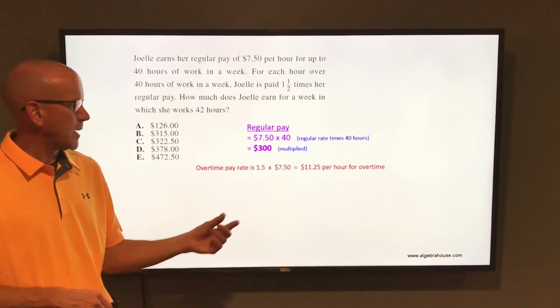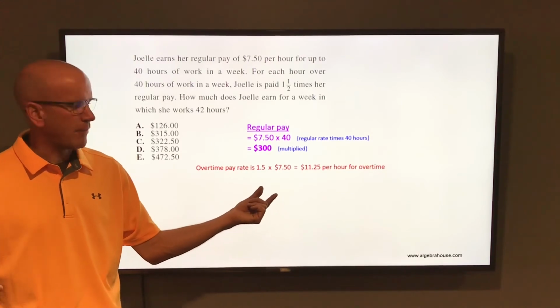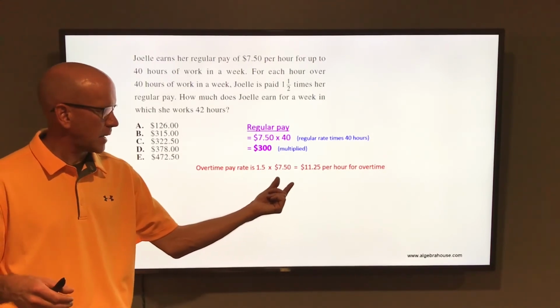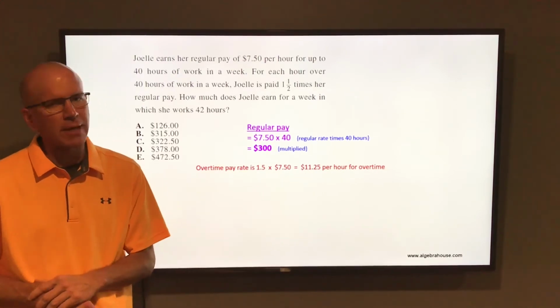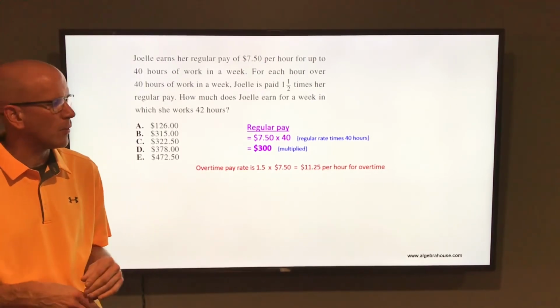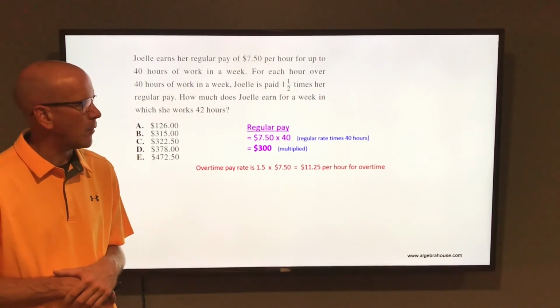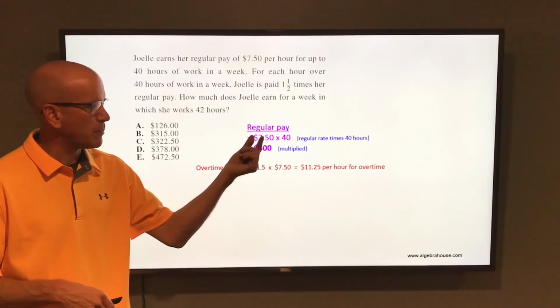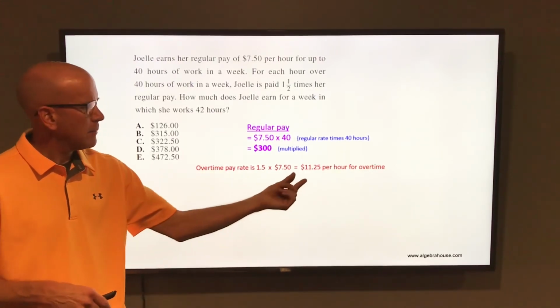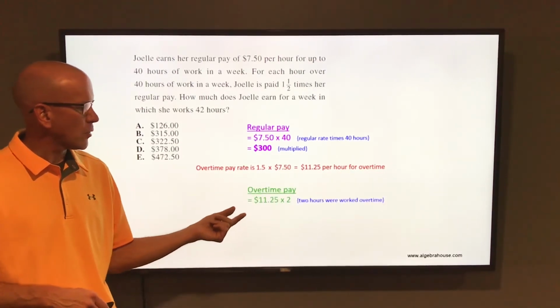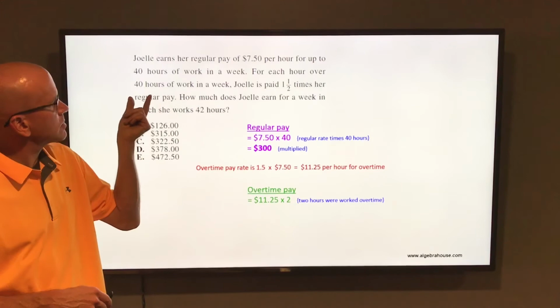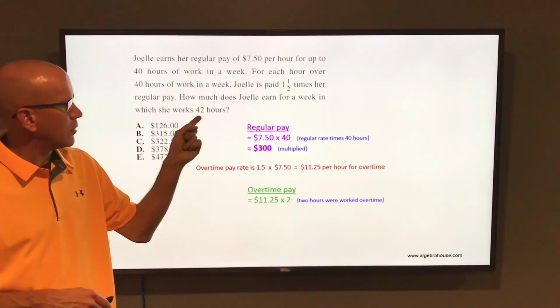Her overtime pay is what's known as time and a half, 1.5 times the 7.50. She's making $11.25 per hour for each overtime hour. So she makes $7.50 per hour for each regular hour, but $11.25 per hour for each overtime hour. So her overtime pay, she works 42 hours.